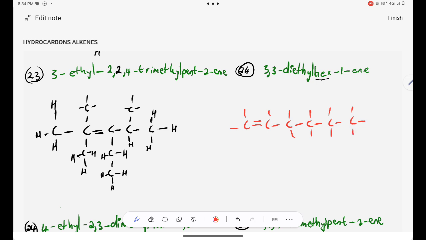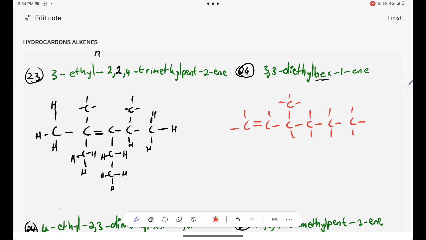And then at carbon number 3, I have my side chains. Oh, it's diethyl actually. And then all you have to do is to write your hydrogens there. You write your hydrogens like these.